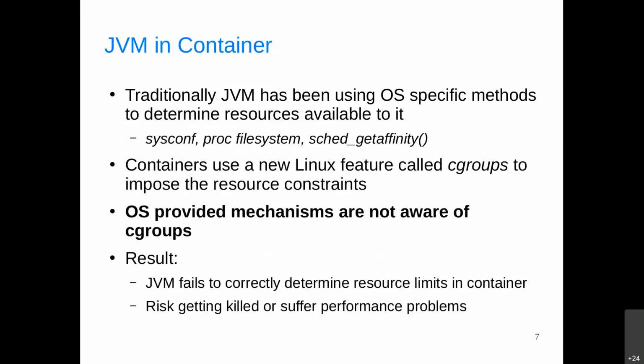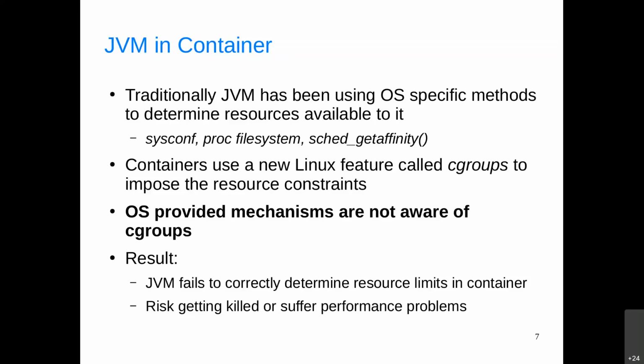So why are these things important for a JVM like OpenJ9? This is because the JVM needs to understand how much resources are available at its disposal, so that it can tune itself. For example, it uses the amount of CPU available to decide the number of GC threads, and it uses the amount of memory available to figure out how much it can use during compilation or to set its default heap size.